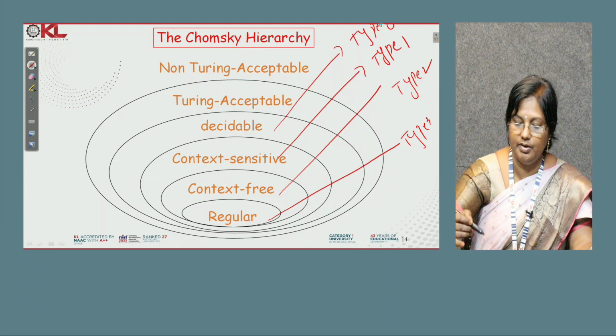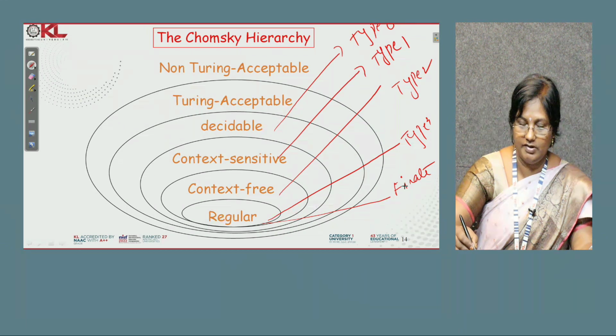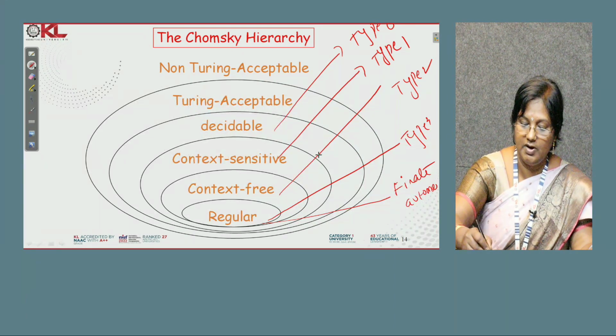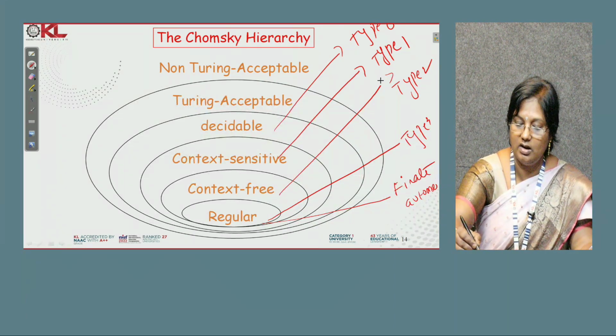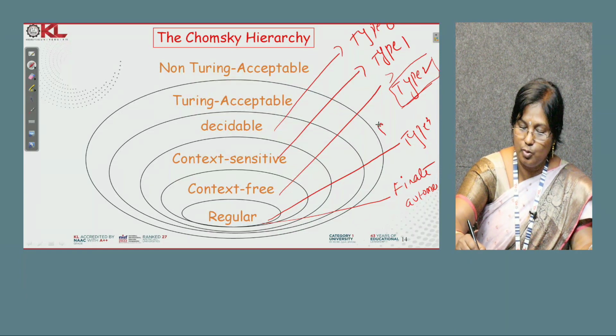So what we are going to see here is type 3 grammar. These type 3 grammars are accepted by finite automata. Whatever the regular languages, those regular languages are accepted by the finite automata. And here you can see context free language. These context free languages are type 2 grammars. These type 2 grammars are accepted by push down automata.